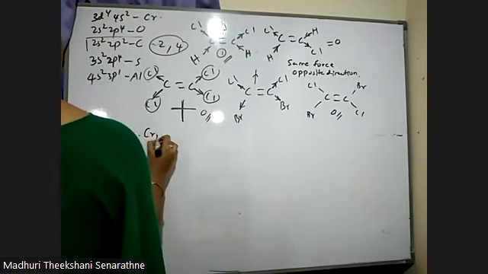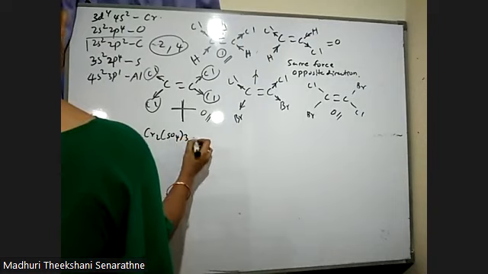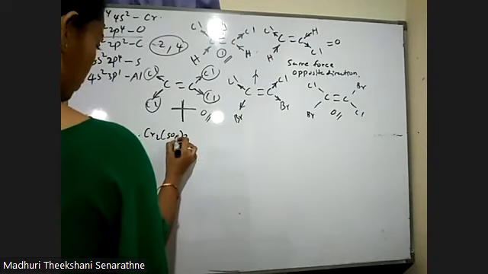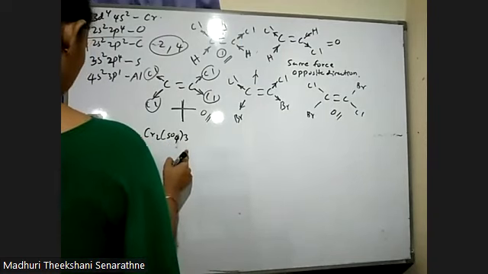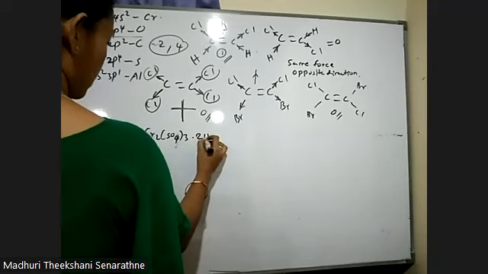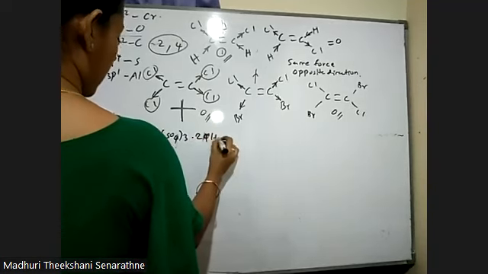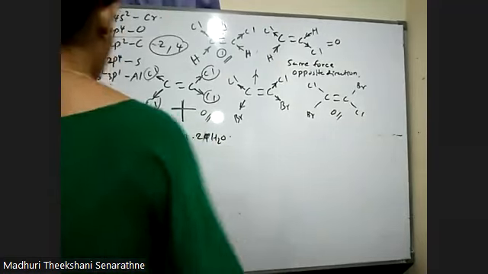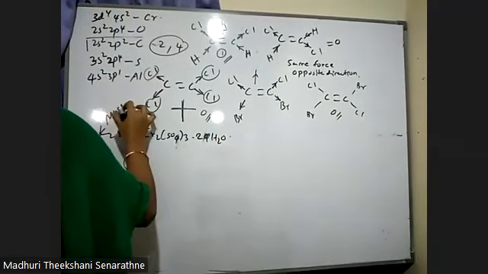Mass of K2SO4·Cr2(SO4)3·24H2O. We have to find the mass.